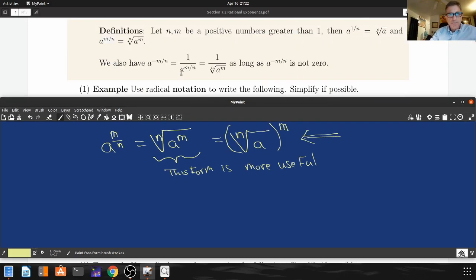So, go on down. And we also have what is completely natural: a to the minus m over n is equal to 1 over a to the m over n. So we do just like we did before with negative exponents. So b to the minus n is equal to 1 over b to the n.